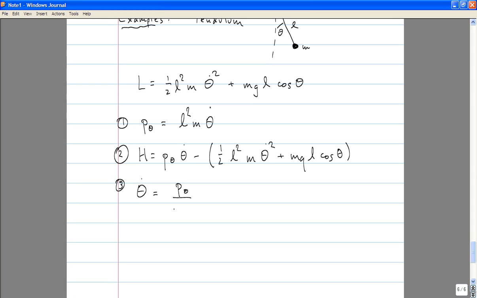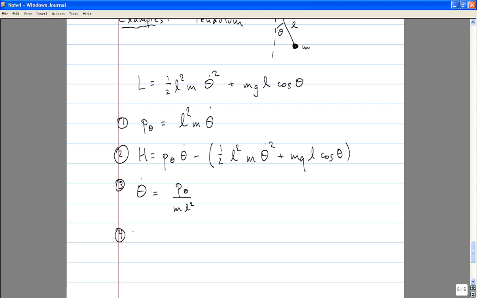Now, of course, in general, theta dot could depend both on p and theta, but this is a very simple example where theta dot depends only on p. And step four is to write the Hamiltonian as a function of p and theta, but not theta dot. So let's go ahead and do that.